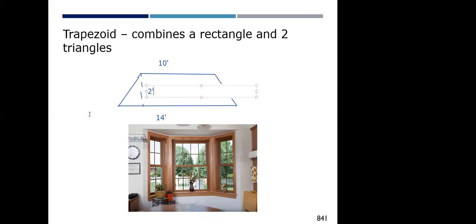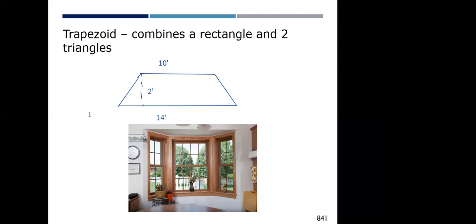So what you're looking at here is a very rough version of what you're seeing on page 841. When we're doing a trapezoid, remember what we said when this started, you guys. The only shapes I know how to measure are squares, rectangles, and triangles. I'd like to tell you, in the real world, all houses are perfect squares, all rooms are perfect rectangles, but guess what? They're not the case. Look around your own house right now.